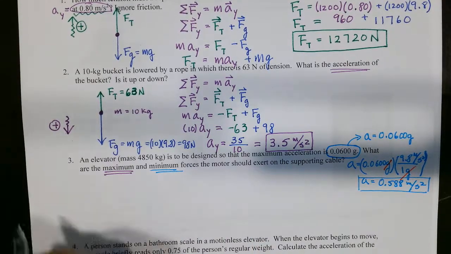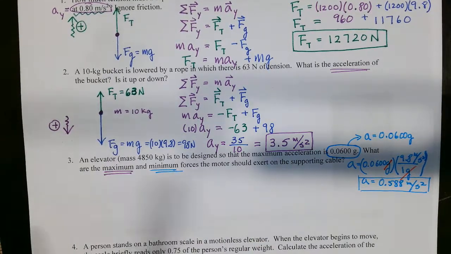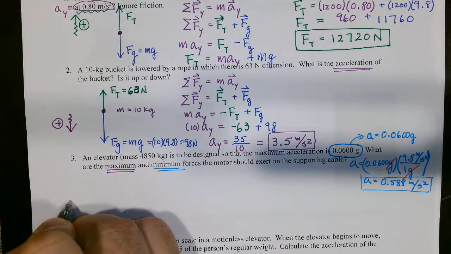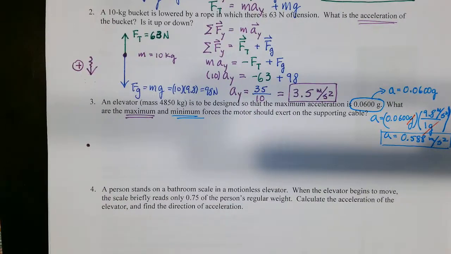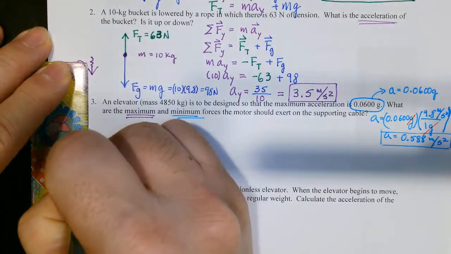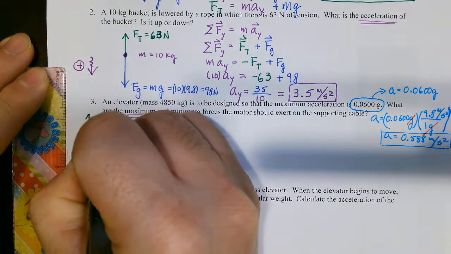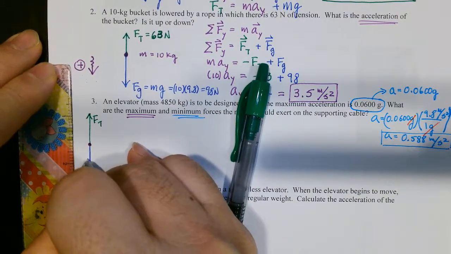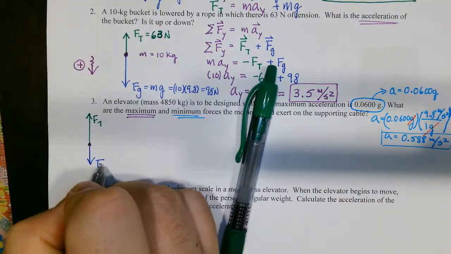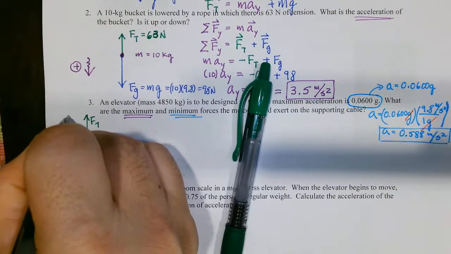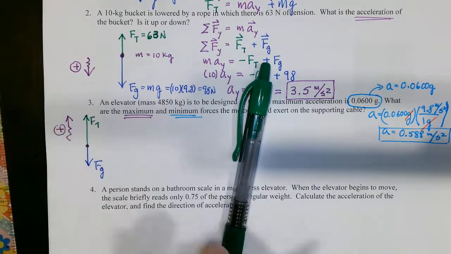Okay? So again, here's my elevator, and this is accelerating upwards now. So here's my F tension, and here is my Fg. And the acceleration is upwards, and that's the positive direction.